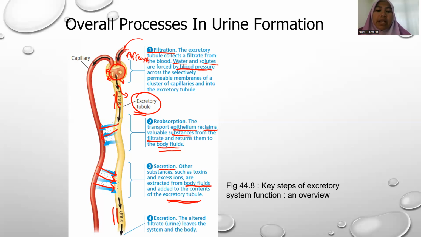Excretion is the end process, where the altered filtrate leaves the system in the form of urine. So that is the idea of the overall process of urine formation.